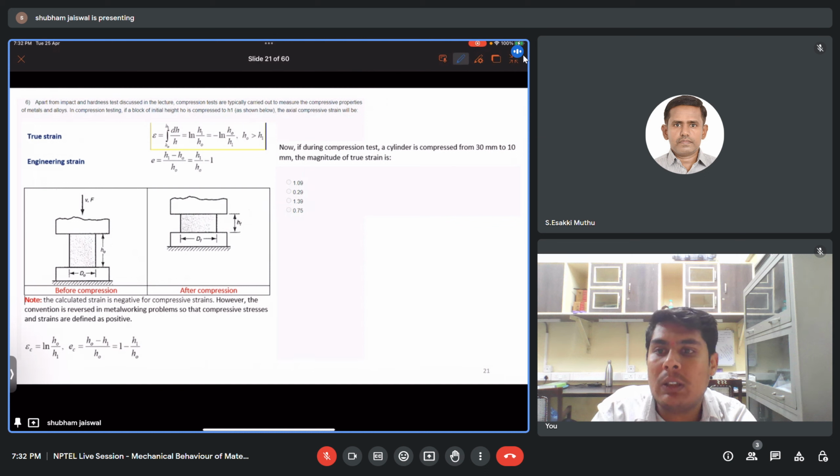And remember, the calculated strain is negative for compressive strain. We have reversed the convention in metalworking. All the things have been given here, so please try to find out the answer.